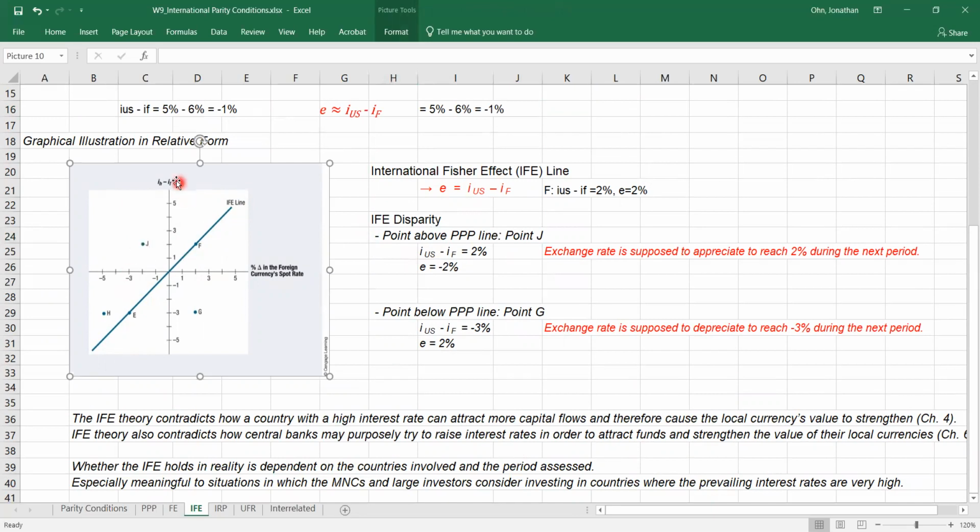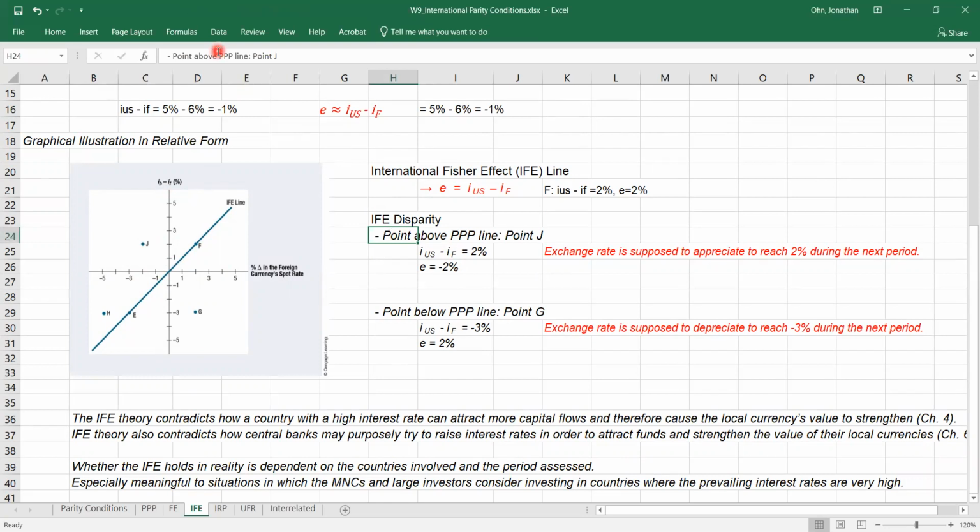The relative interest rate, or interest rate differential, is 2%, and the percentage change in exchange rate is minus 2%, way away from the IFE line. This is not PPP, this is IFE. Way above the IFE line.